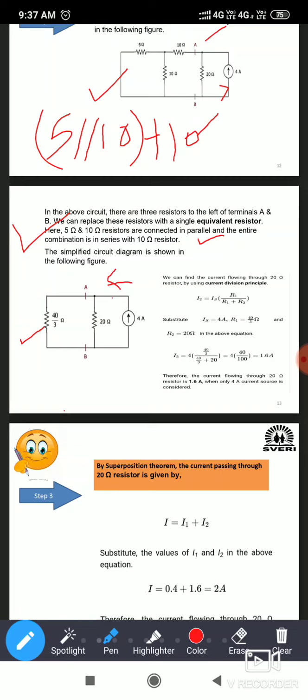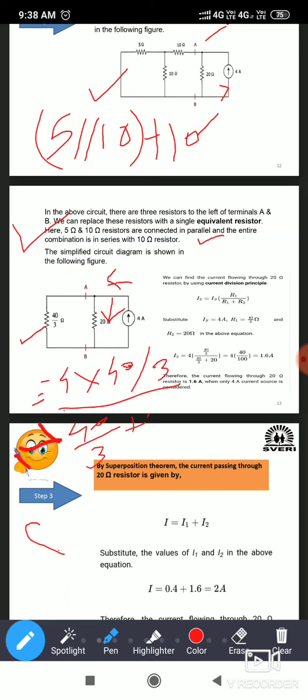Now you can use the current division to find the current passing through this 20. How to apply it? The total current is 4, multiplied by the opposite branch resistor, 40 by 3, divided by 40 by 3 plus 20.